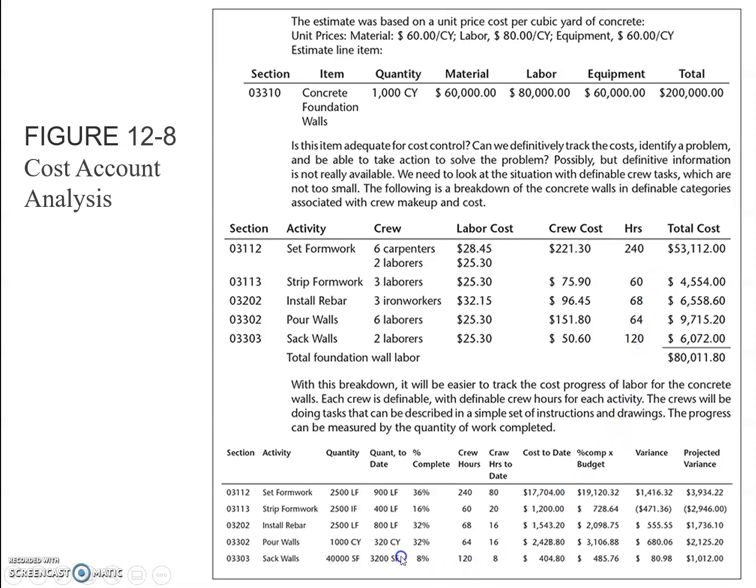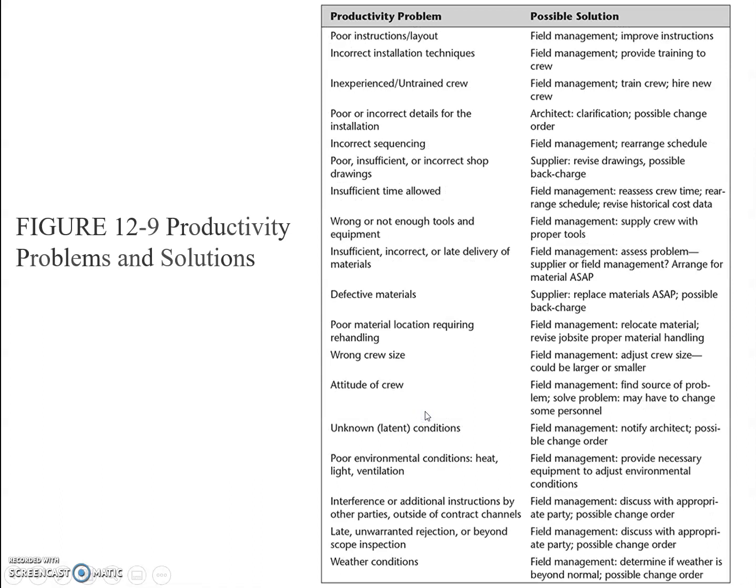And how many activities have been done, how much percentage has been completed, and this type of information can be collected, and then cost variances and schedule variances can be prepared.